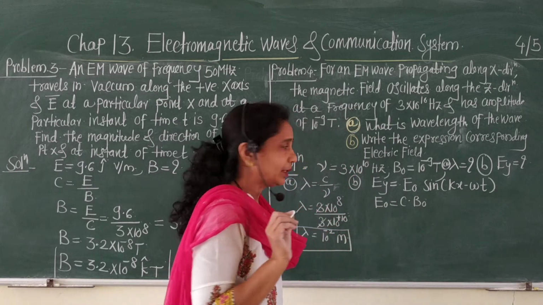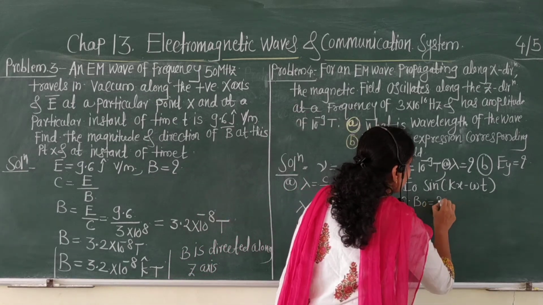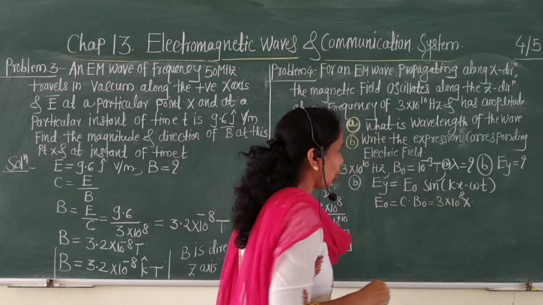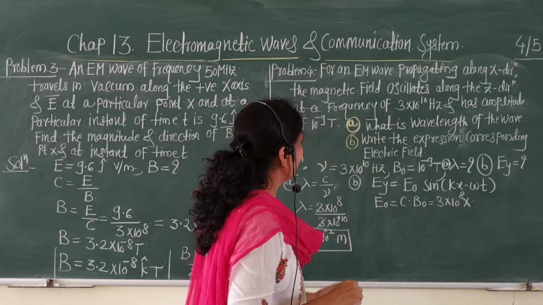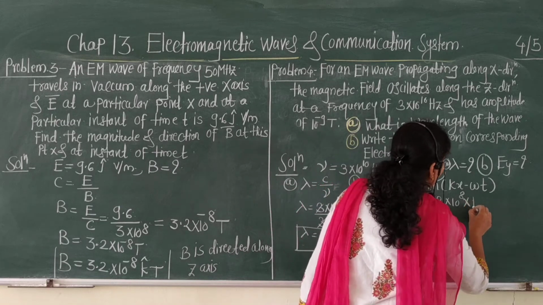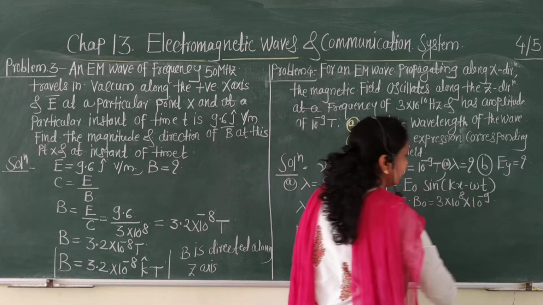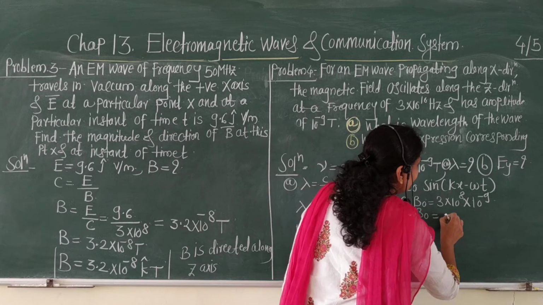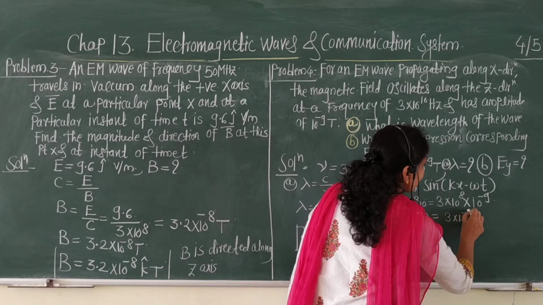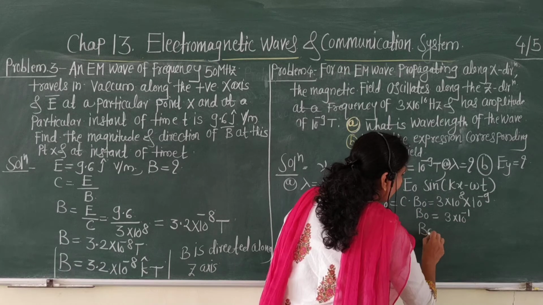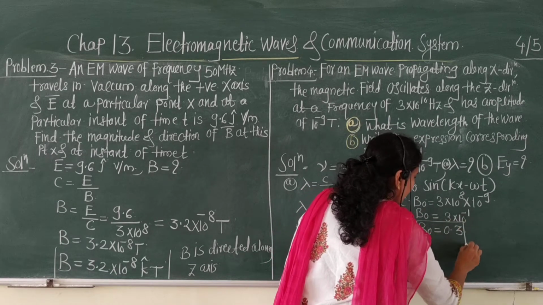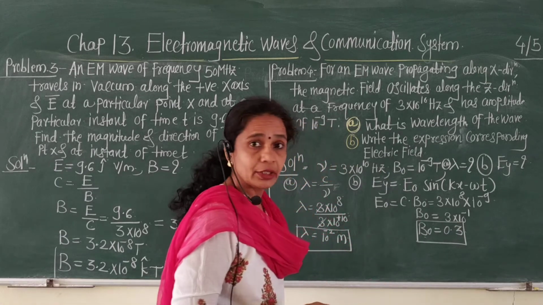Therefore, C is 3 into 10 raised to 8 into B naught. What is the value of B naught? B naught is given as 10 raised to minus 9. Therefore, E naught is equal to 3 into 10 raised to minus 1, which is 0.3. This is the value of E naught.